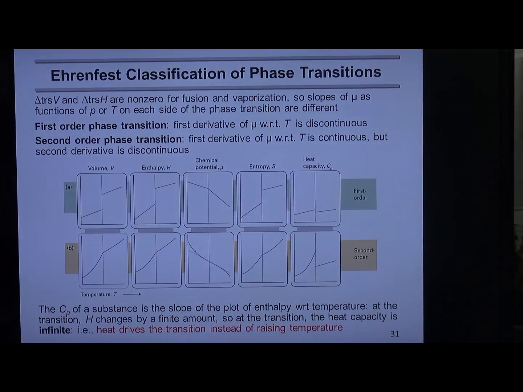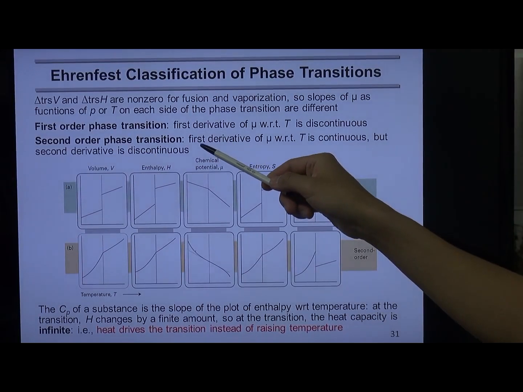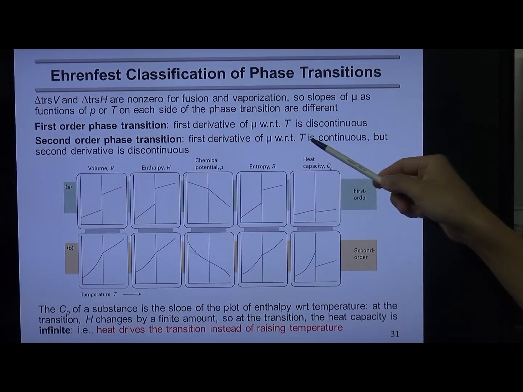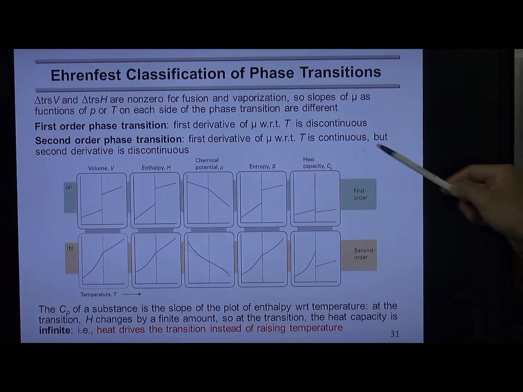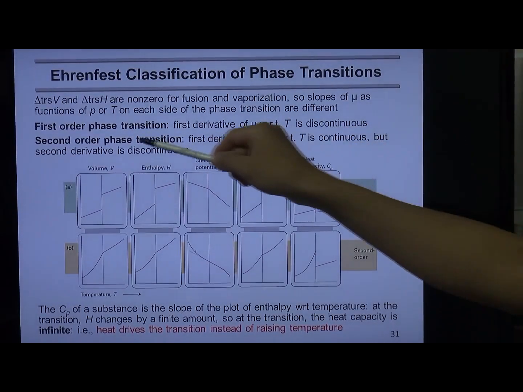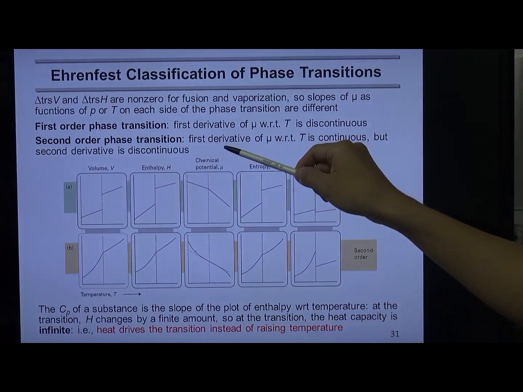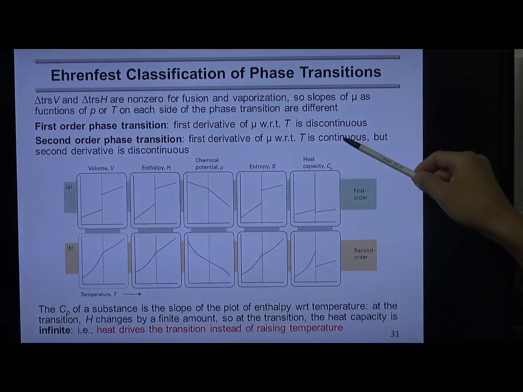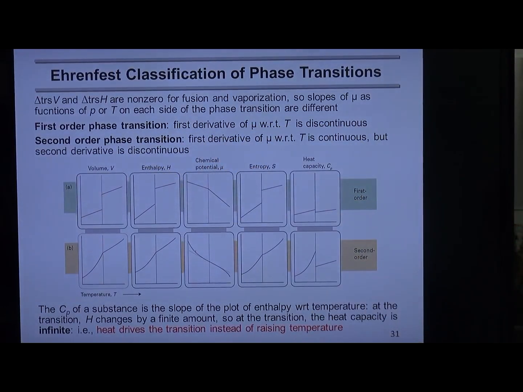Okay. So second order phase transition has the characteristic that the first derivative of chemical potential is continuous, but the second derivative is discontinuous. Interesting, right? For first order phase transition, the first derivative was discontinuous, but for second order phase transition, the first derivative is continuous, but the second derivative is discontinuous.